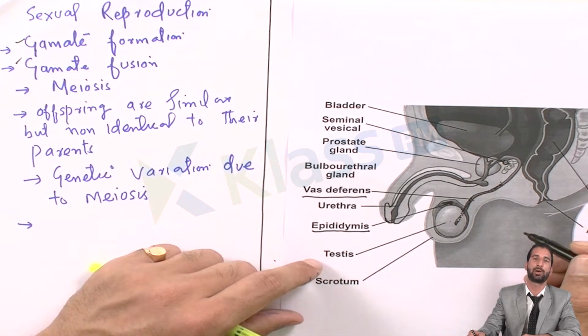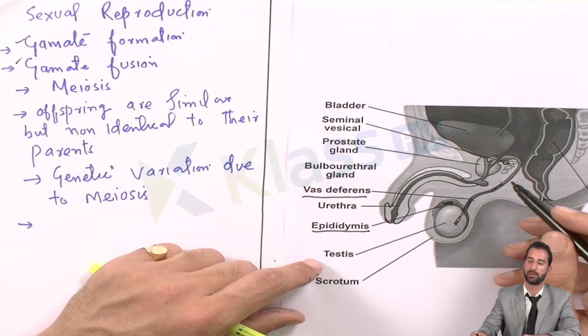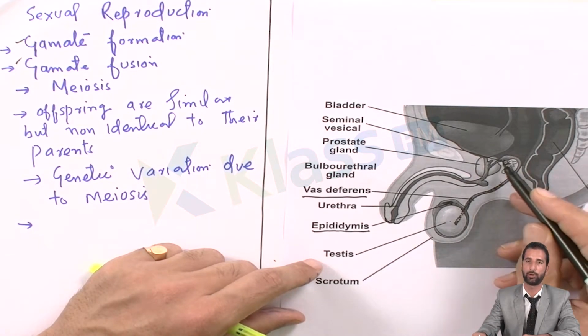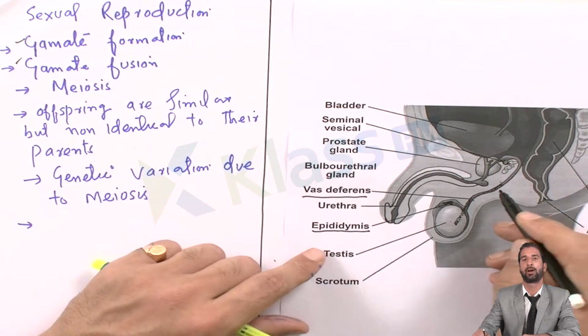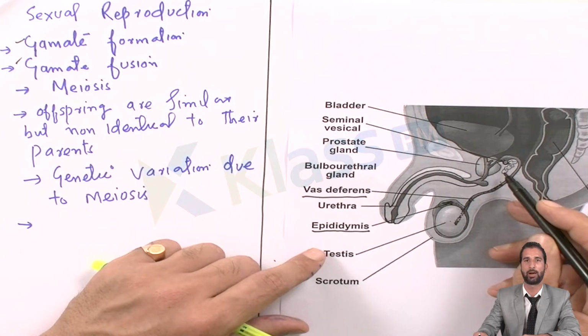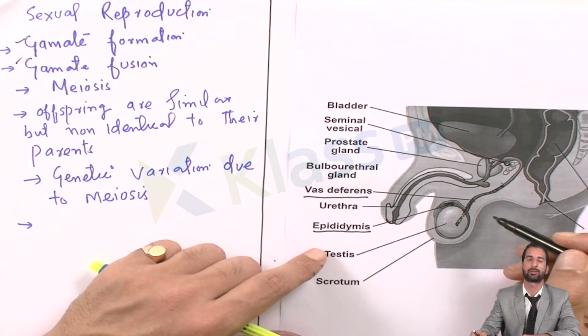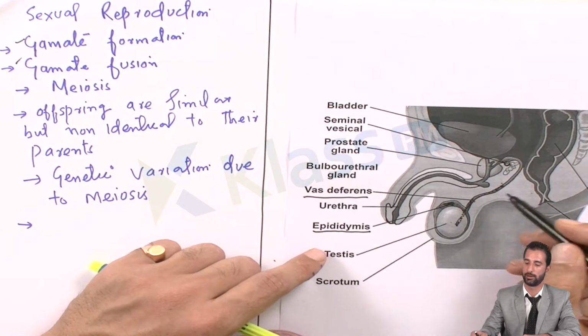About 60 to 65% of the total semen is secreted by the seminal vesicle. In order for the sperm to move in an aqueous environment, the seminal vesicle provides a fluid, which is very important as it provides nutrition, such as fructose and glucose, to the sperm.